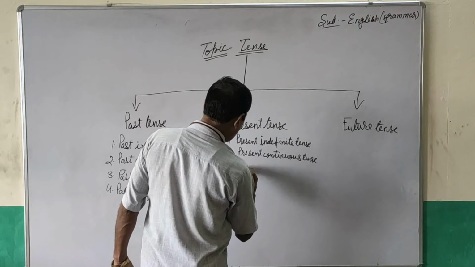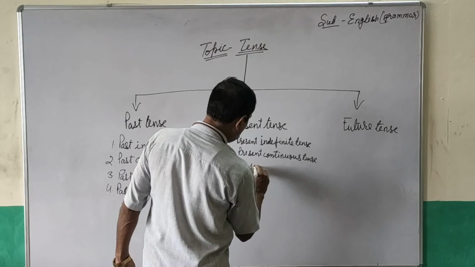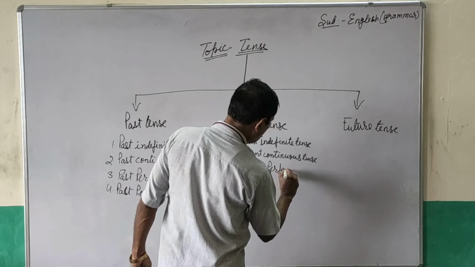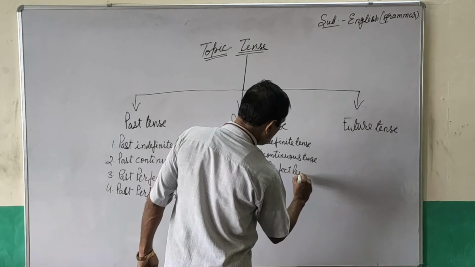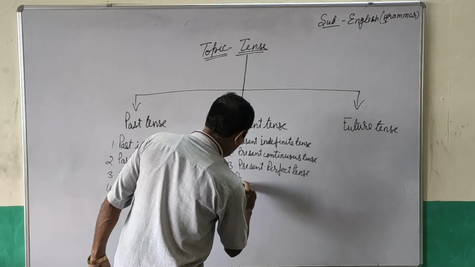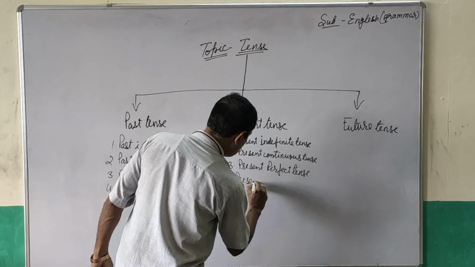Three, present perfect tense. Number four, present perfect continuous tense.